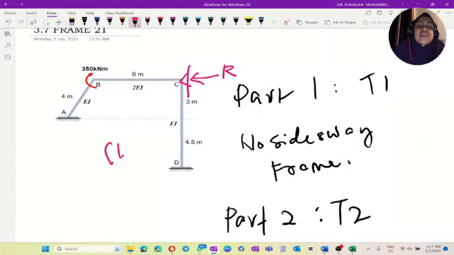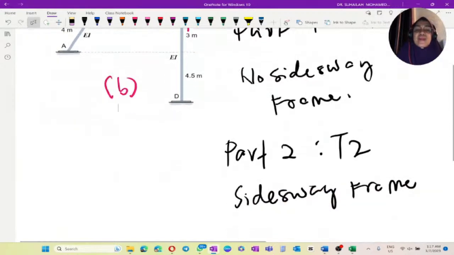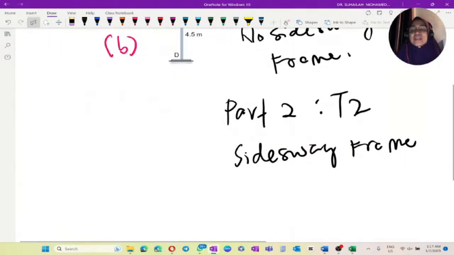This is diagram B. If we go back to the concept, we have diagrams A, B, C, D. ABC we get from the principle of superposition, and for part 1 we analyze diagram B, and for part 2 we analyze the sidesway frame, diagram D. Diagram D looks like this.